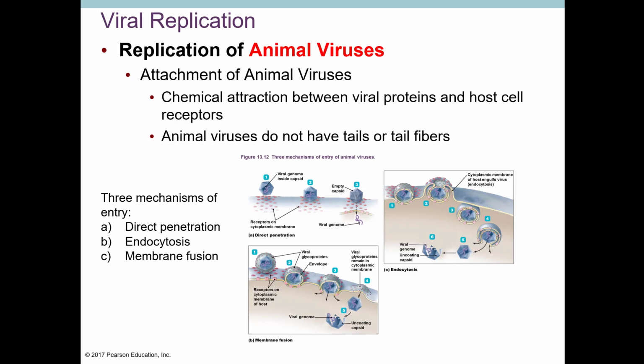They're typically going to either fuse with the cell membrane of the host cell, or they're going to be taken in by endocytosis into a vesicle, and then that is followed by the release of the chromosome from the virus, or they're just going to cross over the membrane somehow. But the point is, somehow the animal virus gets into the host cell.